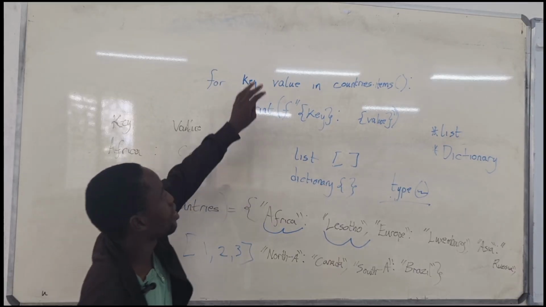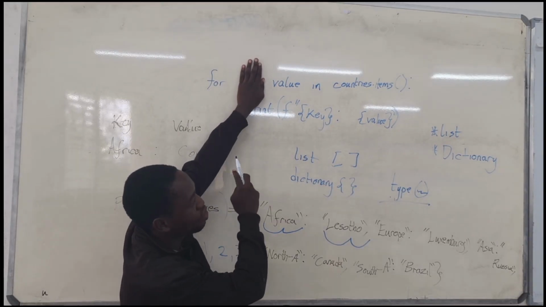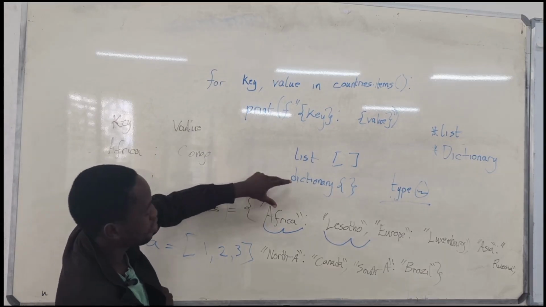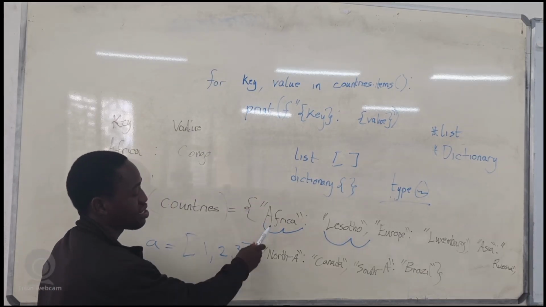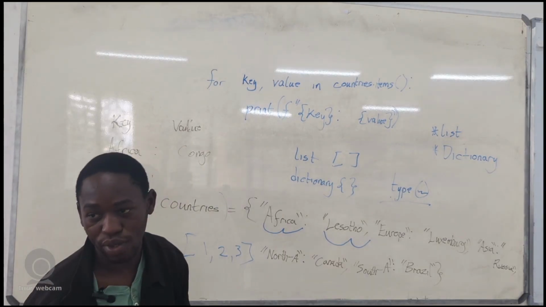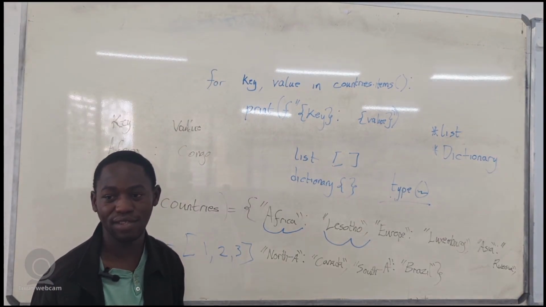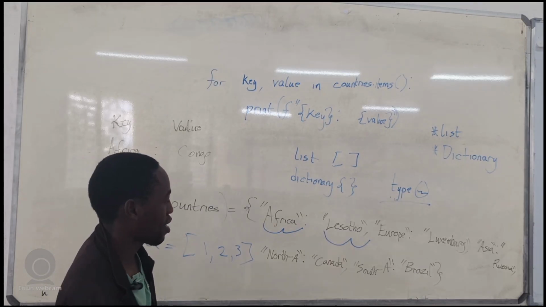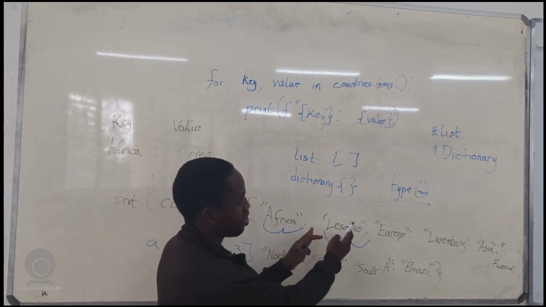So we just used one thing here, for value in, to print this. But for a dictionary, each key has a value. The same way each door has a key, or each key opens a specific door, right? So this key opens this.